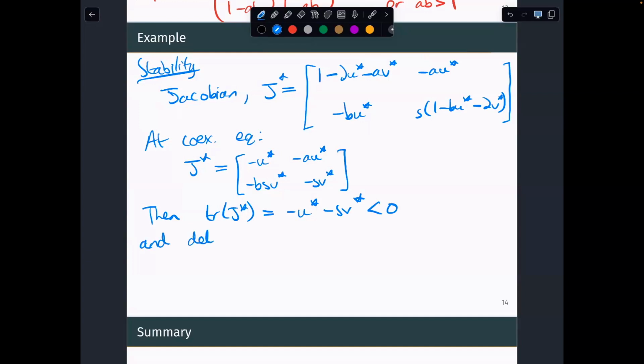The other condition we have from our Routh-Hurwitz conditions is to look at the determinant. The determinant's a little bit more complicated here, but not too bad. I'm going to have SU star V star minus AB S U star V star, which is just SU star V star times 1 minus AB.